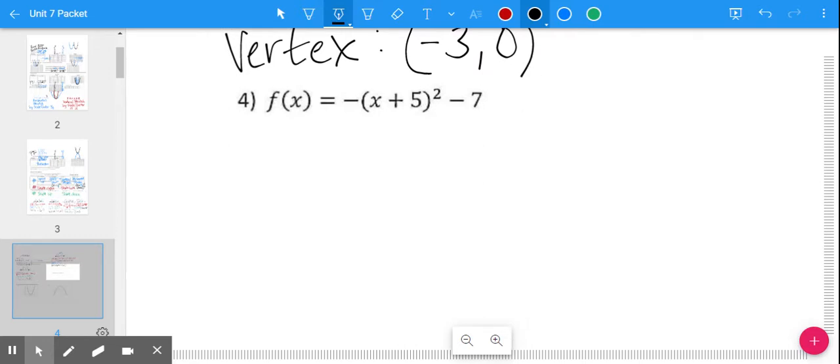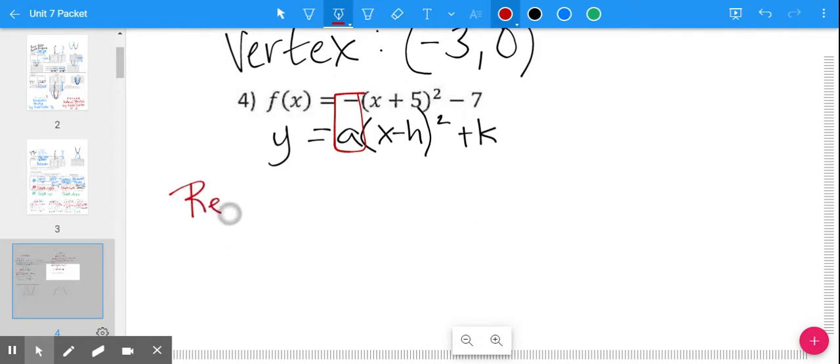So for the last one in this section, your a value is this -1, which means it's a reflection over the x.